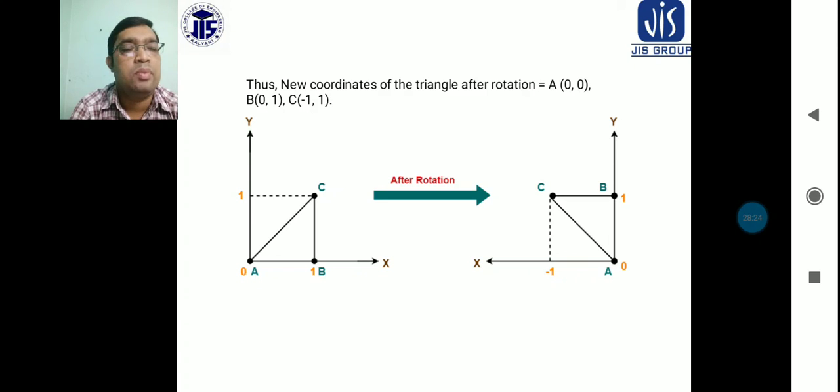After rotation, we see the figure completely rotated, with C in the negative direction, but the origin stays at the original place, the old position, that means A is here.